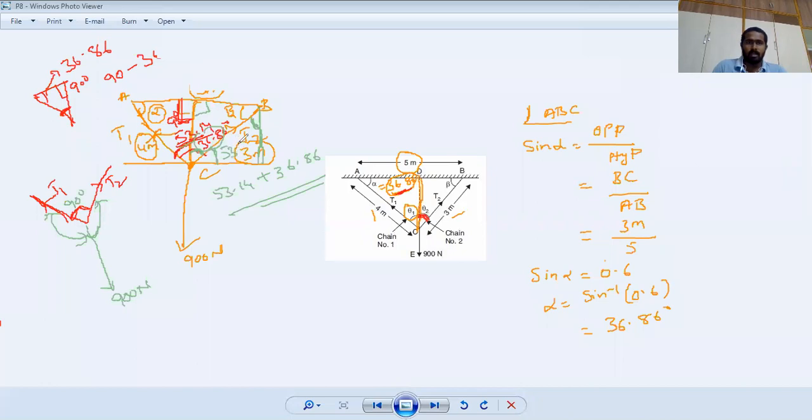Here this is 53.14 and this is 90 degrees. How much total? 143.14. Now tell me the angle between T1 and 900. 36.86 plus 90 is 126.86.